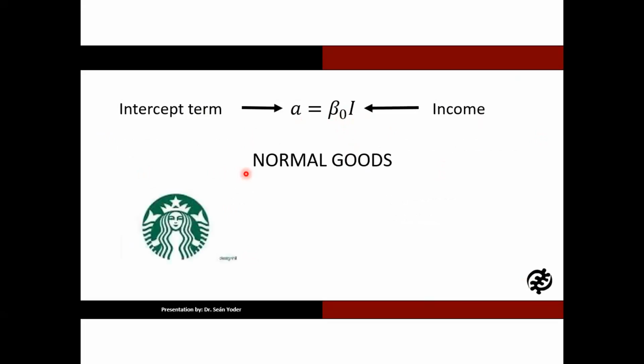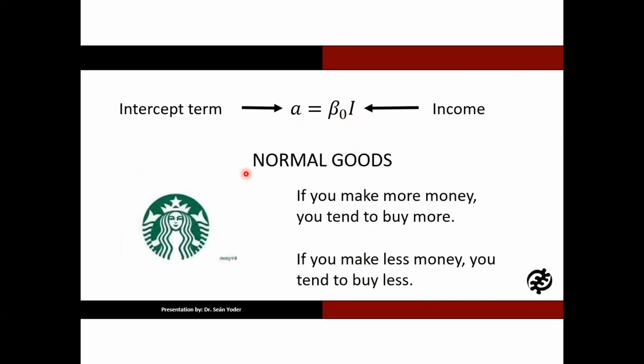So normal goods, this is easy. Starbucks coffee. If my paycheck went up and I make more money, I may go to Starbucks every day instead of just the days I teach. Or if I lose income and my pay goes down, instead of going on the days I teach, I might only go 2 or 3 days a week. That's a normal good.